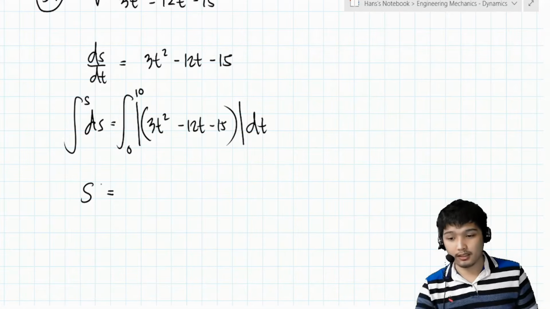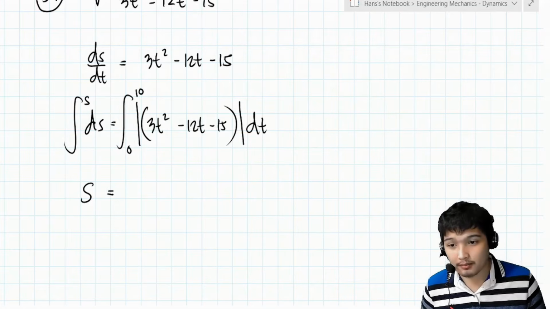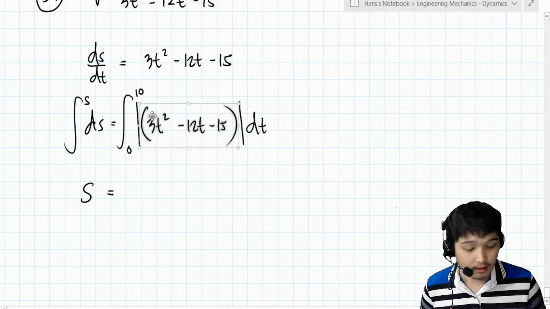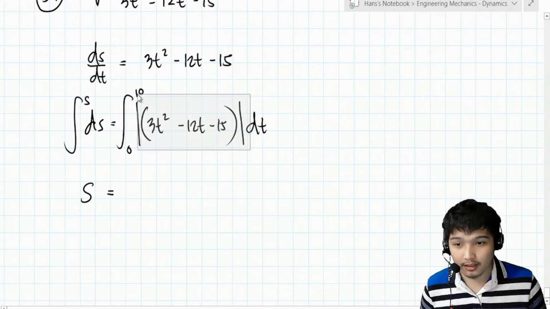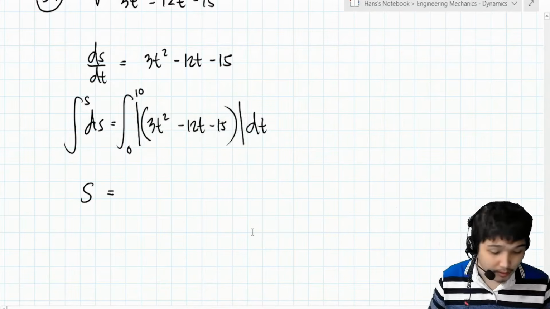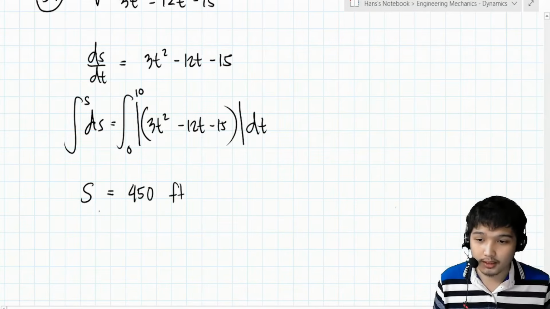Okay, so let's see. Lalo na kapag yung equation mahirap, complex masyado yung equation, tumatagal yung pag-i-integrate niya pag may absolute value. But in this case, may lumabas na sa calculator ko. So this one is 450 feet. Okay, so yun na yung sagot.